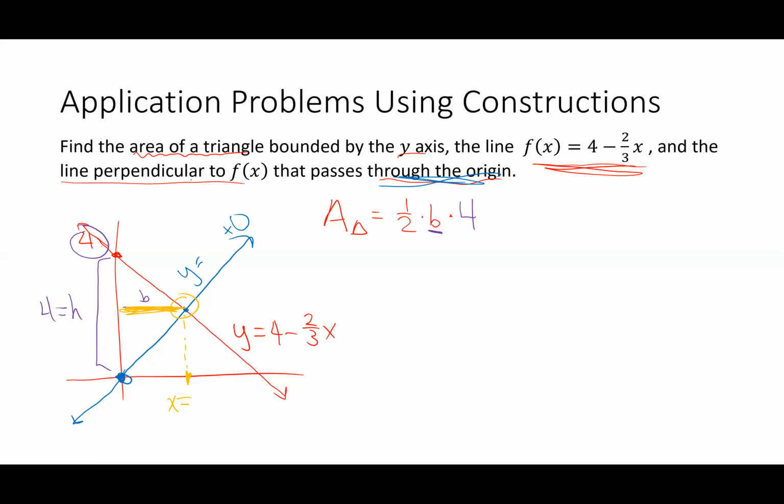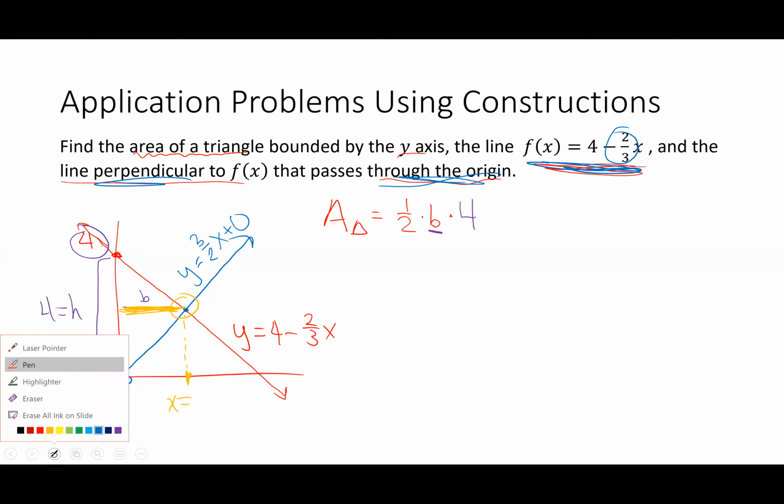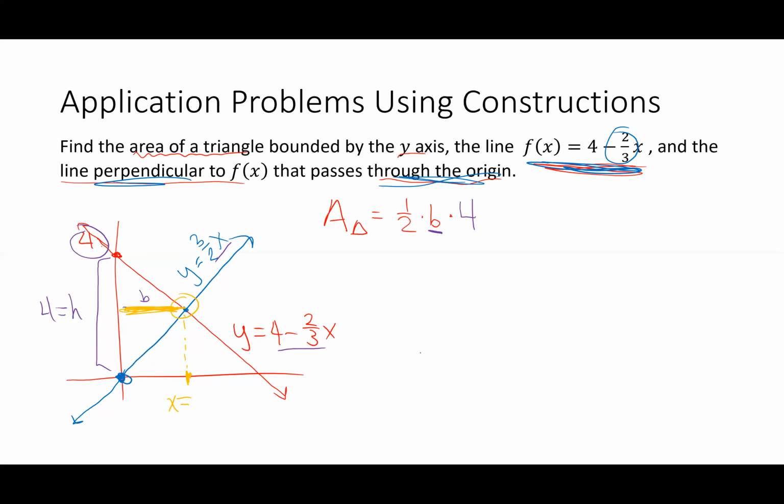And I know that it's perpendicular to this equation, so the slope is going to be the negative reciprocal, so the line is y equals 3/2 x. I'm not going to say 3/2 x plus 0, I'm just going to get rid of the plus 0. So now what I want is the x-coordinate of their point of intersection. So I'm going to set each of these equal to each other and solve for x.